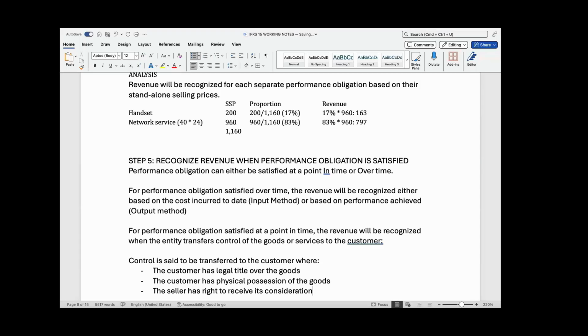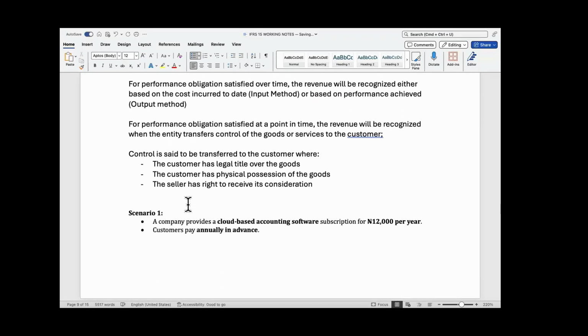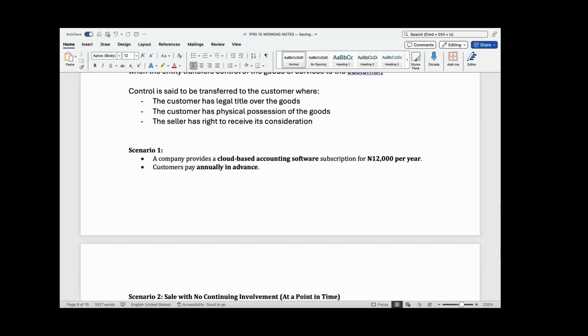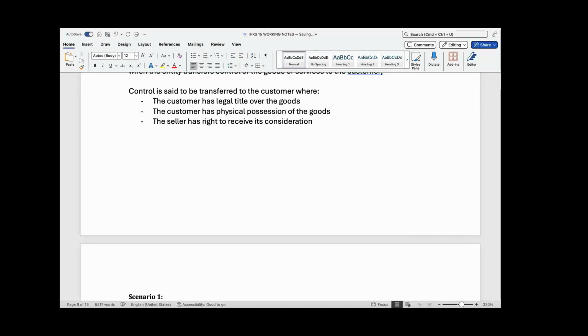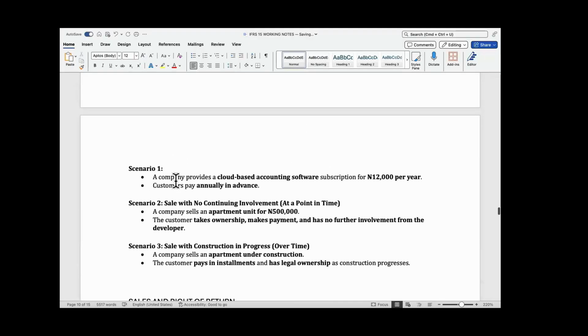So all of this indicates that control has been transferred. Now let's look at these scenarios to demonstrate all of this.